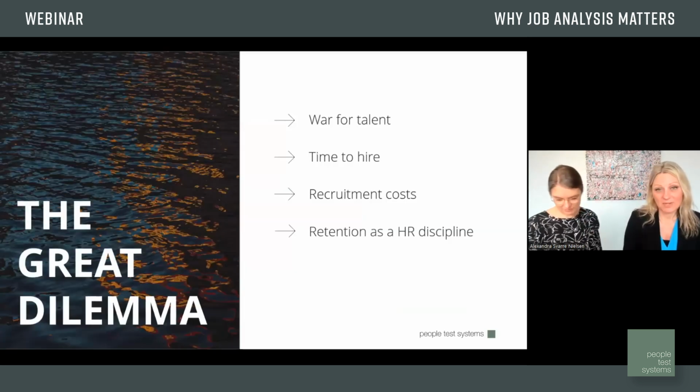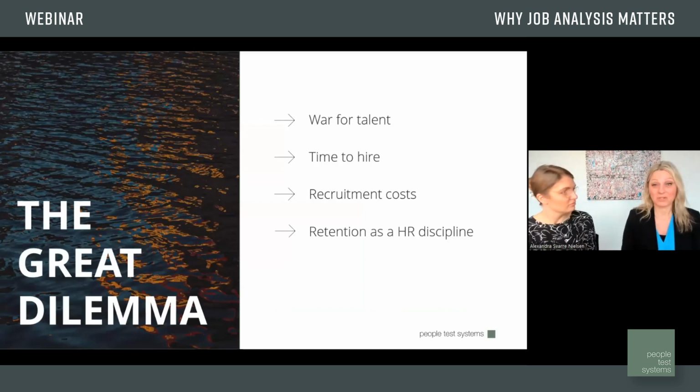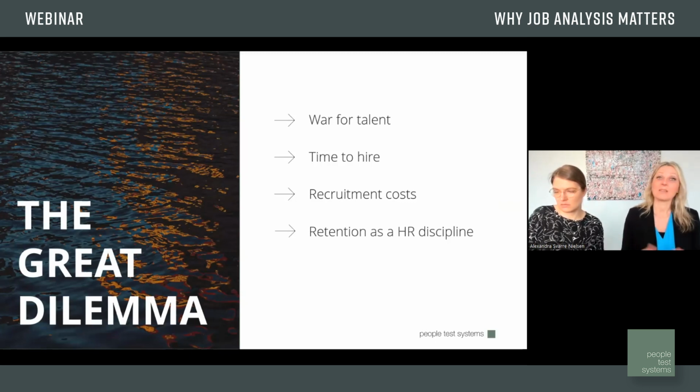Because we are specialized in recruitment, we experience a market where there are quite a lot of dilemmas. There is a war for talent, and this has been an employees' market, and especially for certain positions it's been very difficult to find the right candidate. So one gets tempted to just take the first candidate that drops by that fulfills some of the requirements.